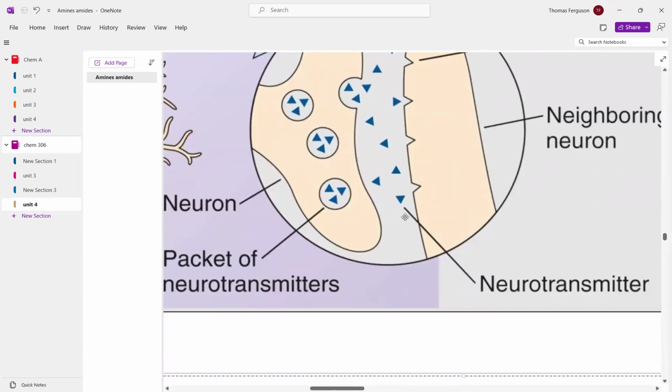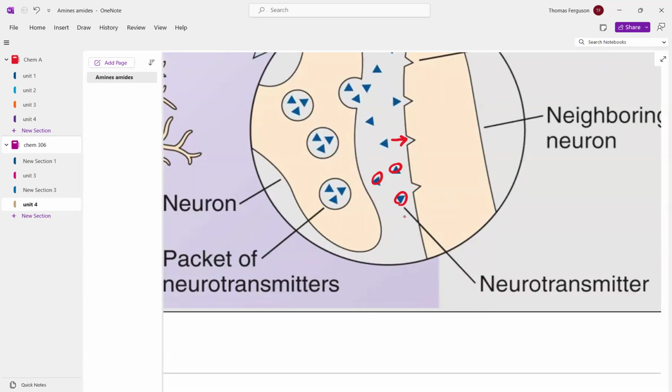This is indicated with these little triangles here. So they come over and they have receptors there where the neurotransmitter fits into those receptors. Once it fits into the receptor, the nerve is turned on. So it bursts electrical energy.